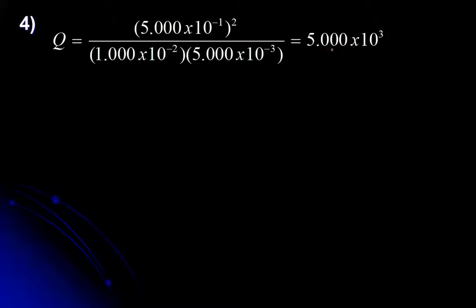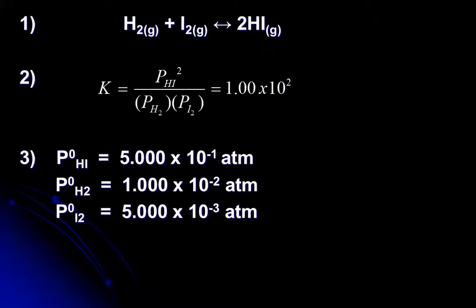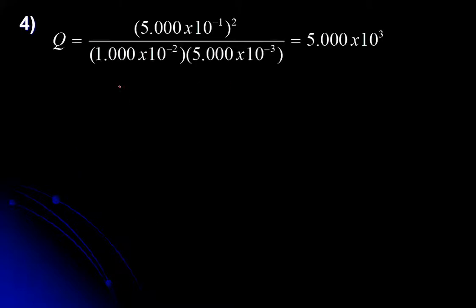Q is 5,000. If you remember, K was 100. So when you compare K and Q, our K was 100, and then our Q is 5,000.